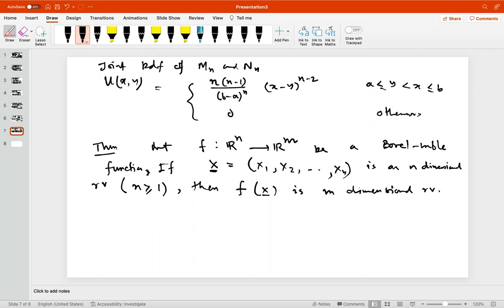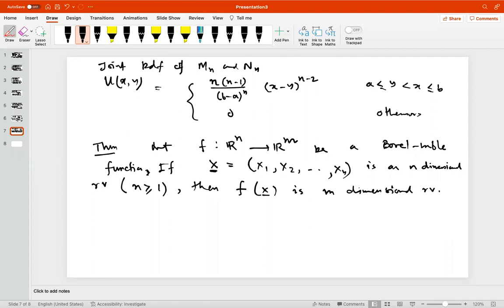Like say X1, X2, X3 is some random vector of 3 dimensions, and you can take a 2-dimensional vector like x plus y plus z with x into y into z. So product and sum. Sometimes this transformation is very important. X and Y are two random variables.